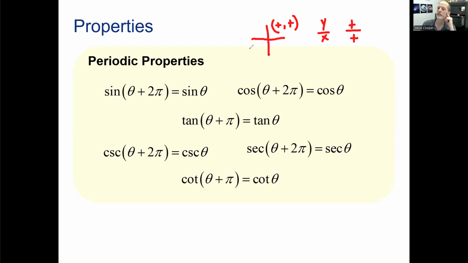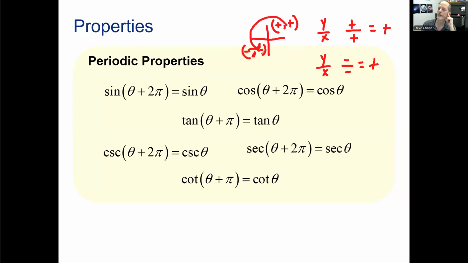And then if I go over to this side, we have negative, negative. So y over x is a negative divided by a negative. Remember that if I divide a negative by a negative, I get back a positive. And the y and the x are going to have the same absolute values. So the y over x that I make here has a partner over here. And that's why the period is only pi.